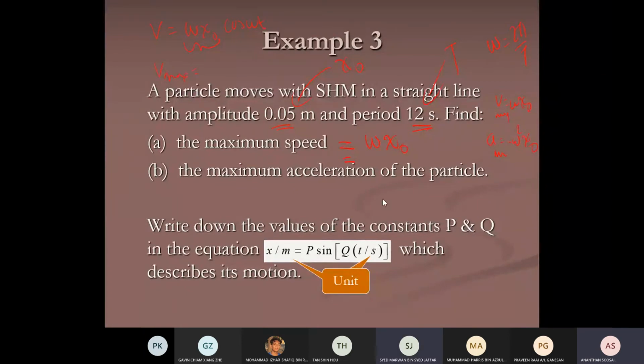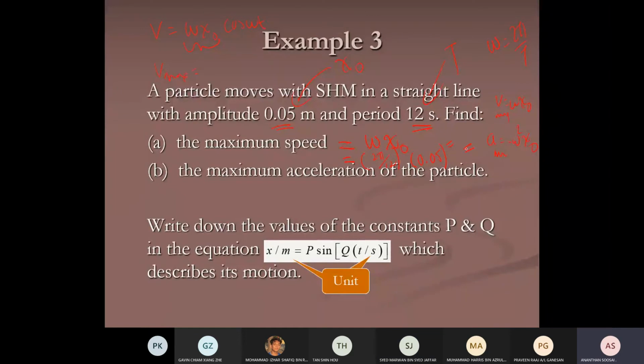So anyone got the answer? Calculate the omega, put the amplitude, give me the answer. So omega will be how much? Omega is 2 pi over t. So 2 pi divided by t, t is 12 seconds. That's your omega. X naught how much? 0.05.